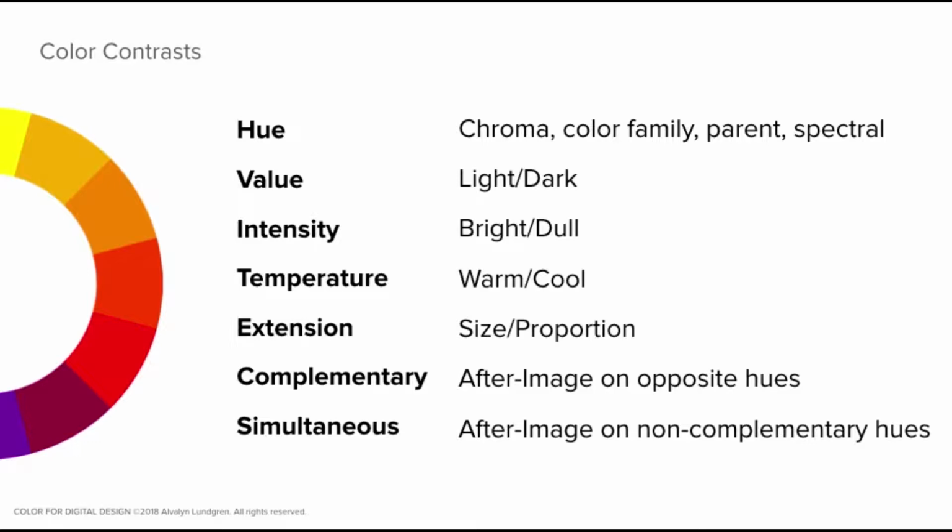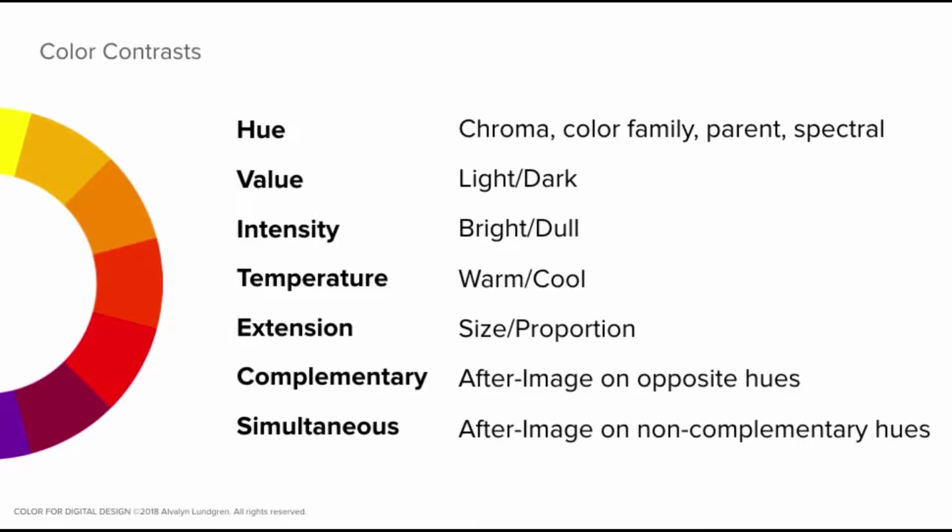Simultaneous contrast is the same after image effect, but on anything that is not complementary. So if you have red and blue or red and orange, there is a simultaneous contrast effect that happens. When the hues are opposite but not directly complementary, like red and blue or red and blue-green, the after-image effect actually increases the sense of intensity without affecting the physical saturation of the color.